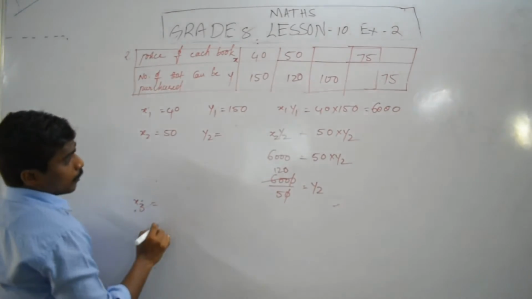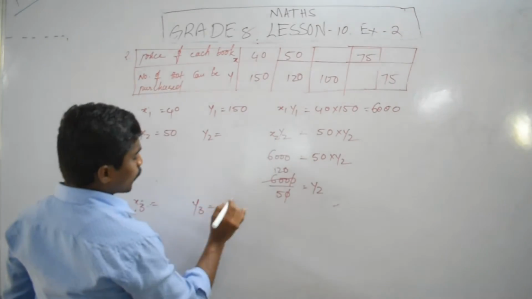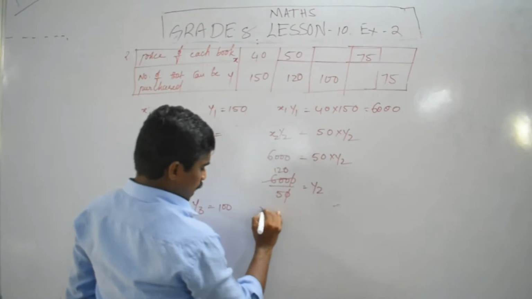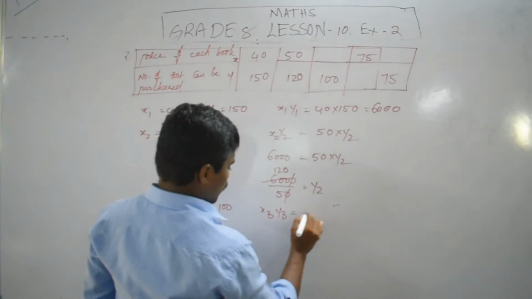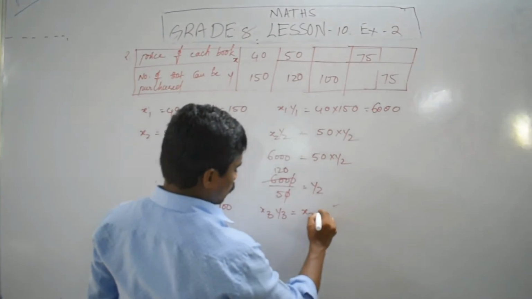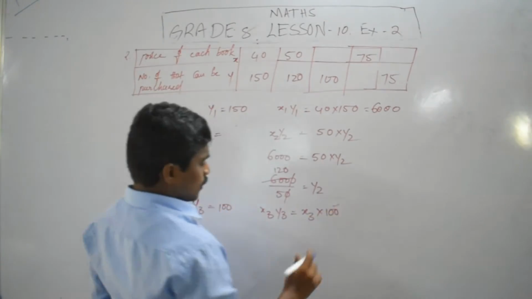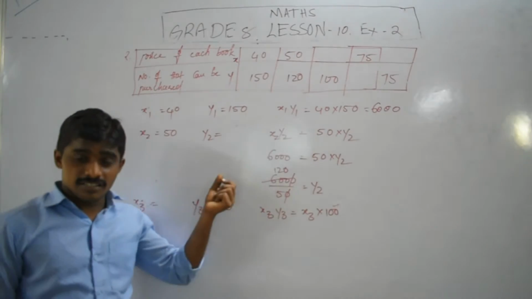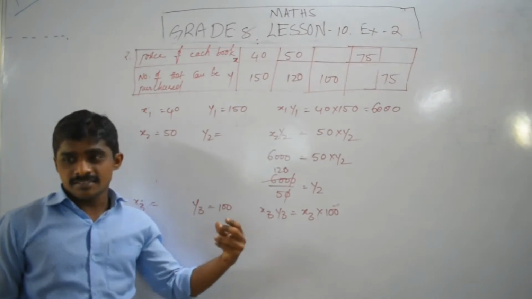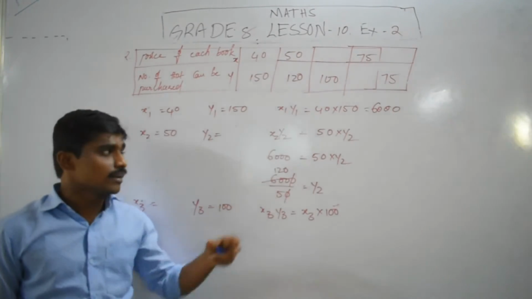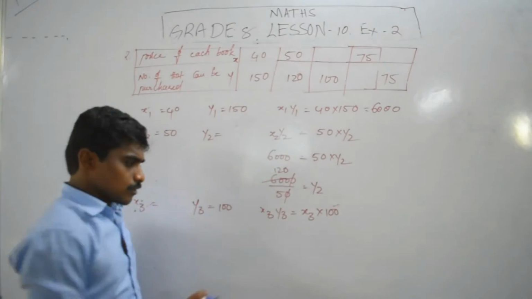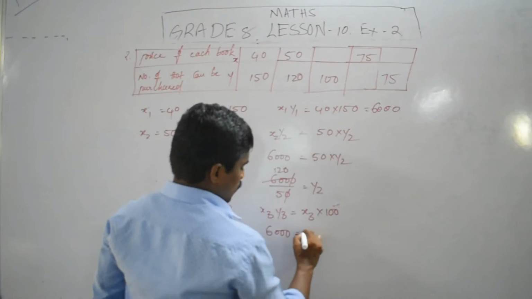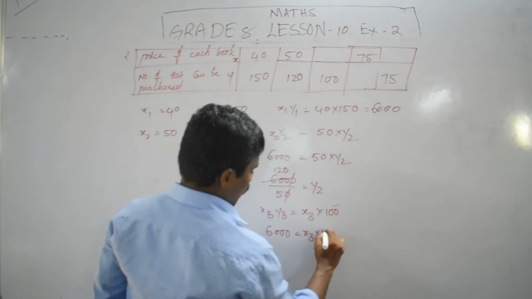x3 we don't know. y3 how much they are given? 100. So x3 y3, x3 we don't know, y3 100. Actually x3 y3 is inverse proportional. We have said how much that is equal? 6,000. So x3 y3 equal to 6,000. x3 cross out 100.